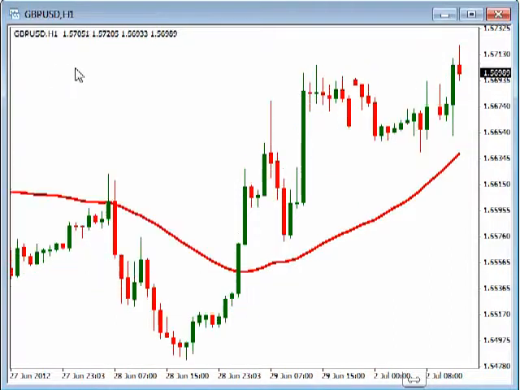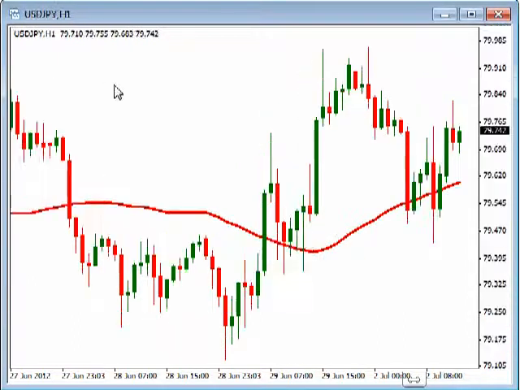Let's take a look at the pound dollar. Pound dollar, we probably missed, as it pulled back here, an opportunity to get in. But the trend is certainly established to the upside here. Moving average is going up and price is up above that. US Japanese yen. Here we have an example of where it did come back to support.